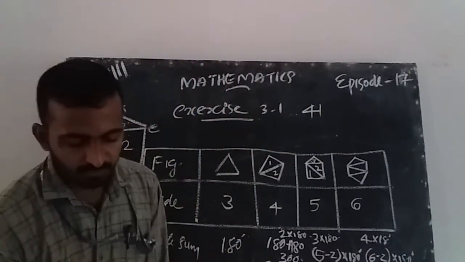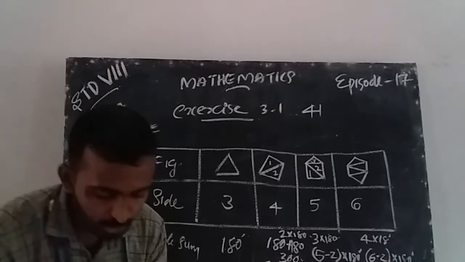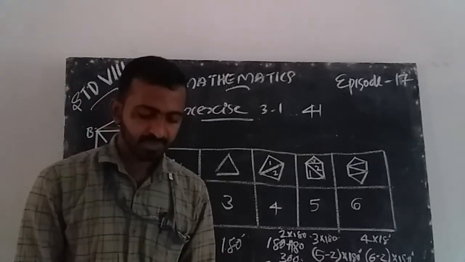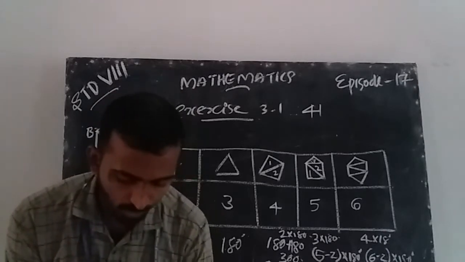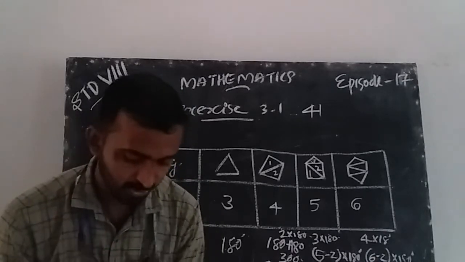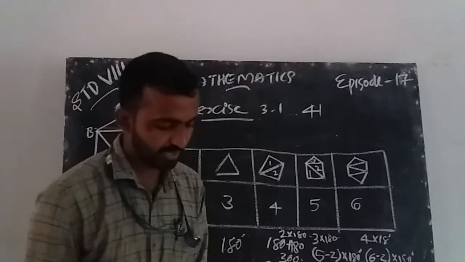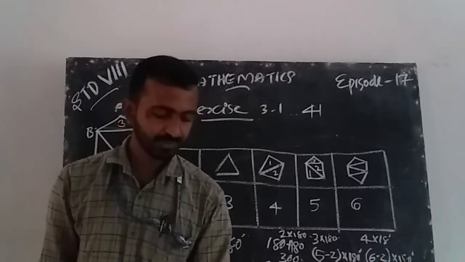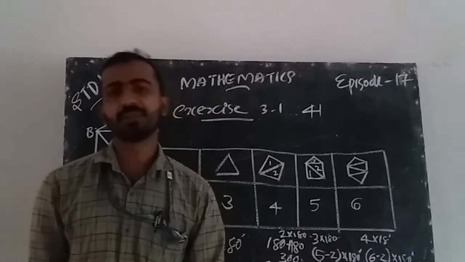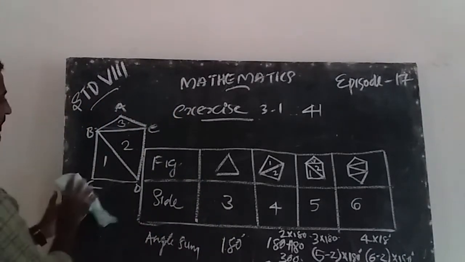Now we have some questions. What do you say about the angle sum of a convex polygon with the following number of sides?